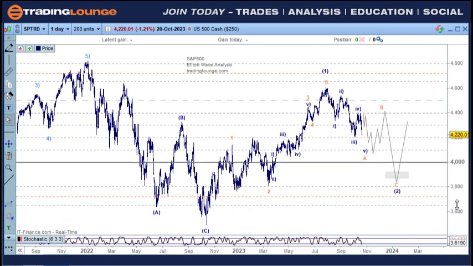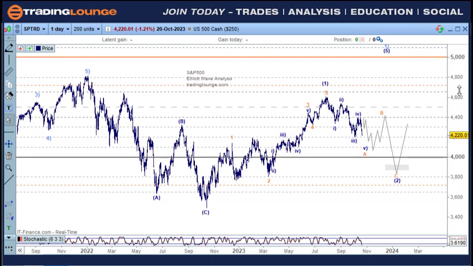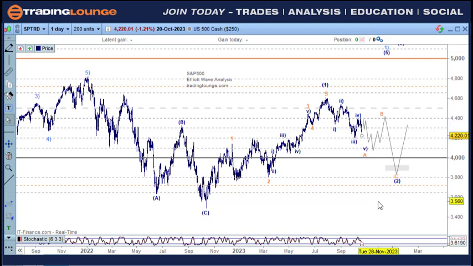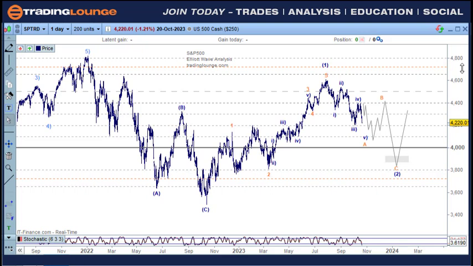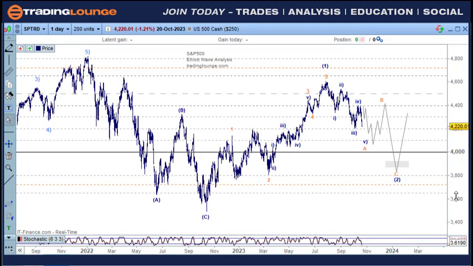On the positive count, the reason that I've looked at this being wave 1 to the upside here is because of stocks like NVIDIA that, even though they've made new highs, have very clearly got a wave one to the upside. So I think it's okay to look at this situation.